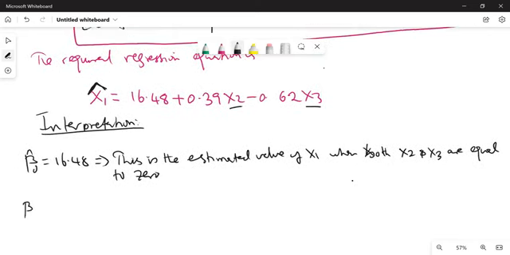Now what about the estimate of beta 1, which is 0.39?